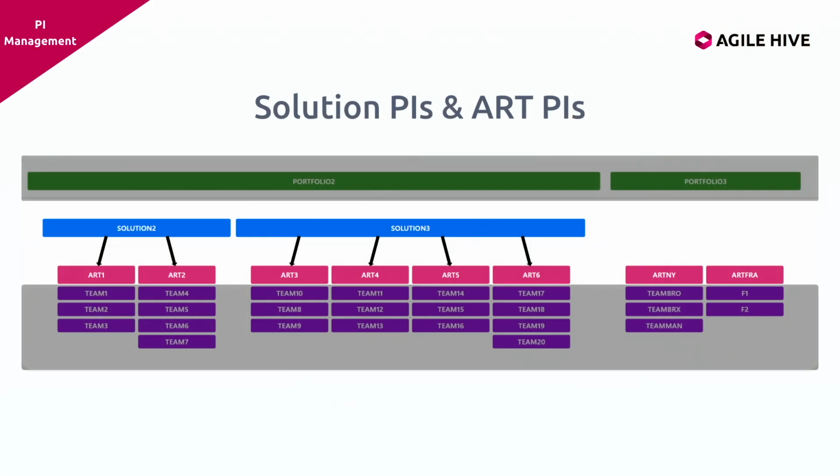So it means the solution itself controls the PI, and the ARTs, I will show it to you in the next slide, can still define the iterations on their own per PI. So here, once again, this is how PIs are inherited. And on the right side, the ART NY and the ART Frankfurt would create their PIs completely independently on their own.